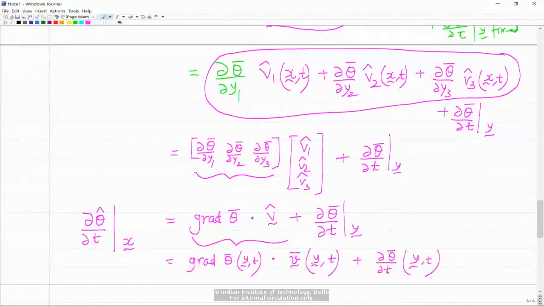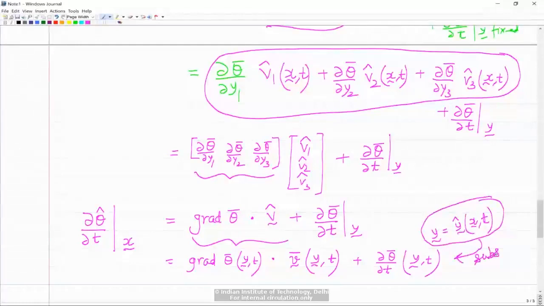All the terms are Eulerian. You just have to remember to replace y with y hat of x comma t on the right hand side, and then you can equate the two. So this has to be substituted, and then they become equal. Okay, you see we have a very nice formula, no?